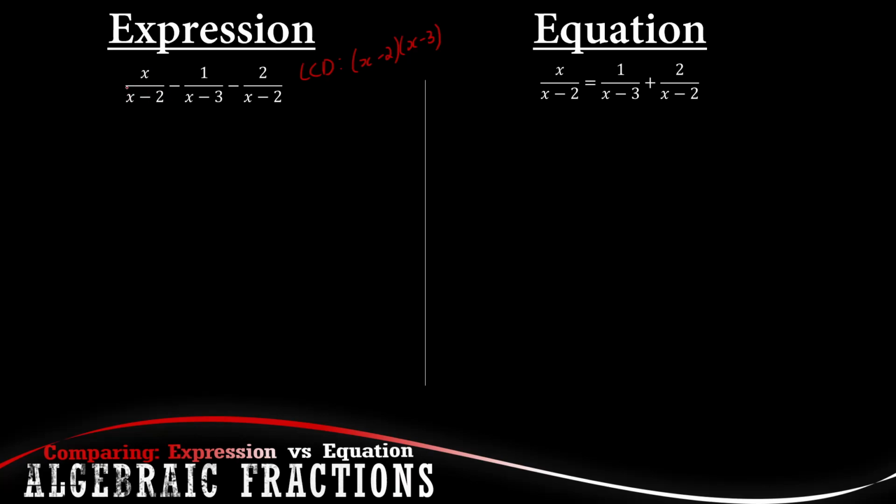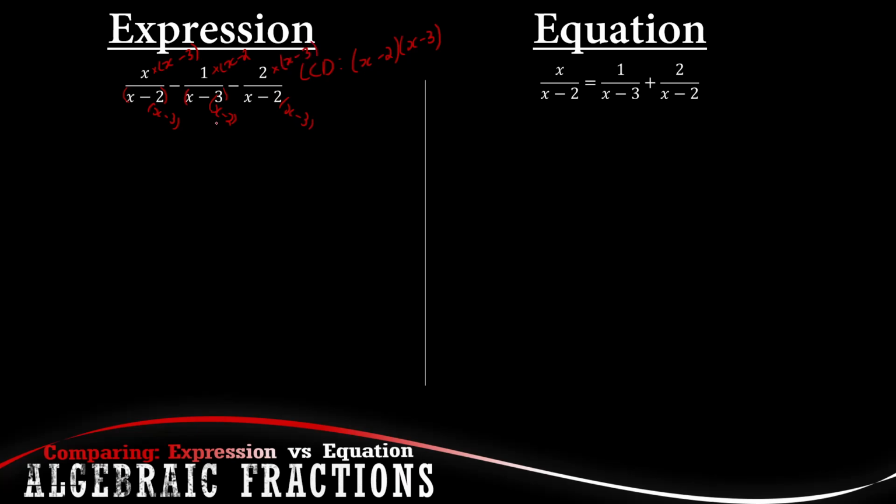So we see that this one needs an x minus 3. So top and bottom, I'm just going to multiply by x minus 3, and then this one needs x minus 2, multiply by x minus 2, and then the last one also needs x minus 3, so we multiply top and bottom with x minus 3.